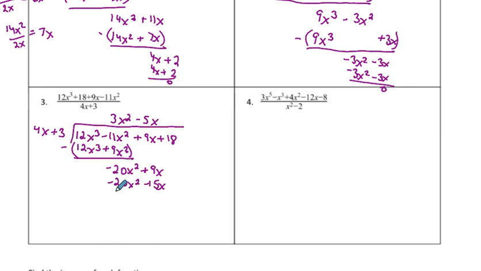Now when we subtract this, we have 9 minus negative 15 is 9 plus 15, so 24x plus 18. 24x divided by 4x is a positive 6, and that's going to give us 24x plus 18, a remainder of 0.